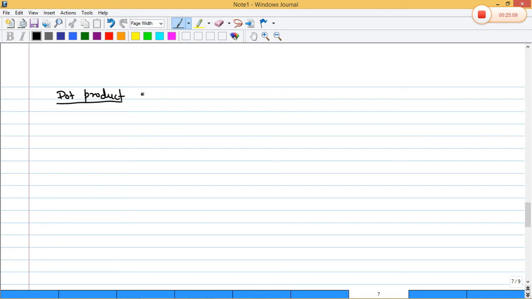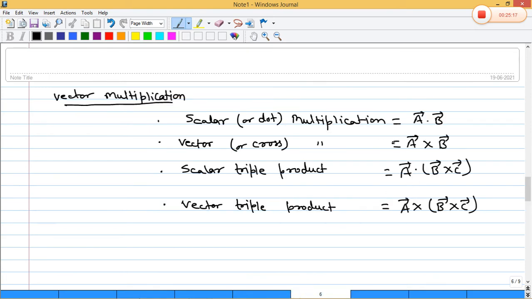So the dot product of two vectors A and B is written as A dot B. We have already discussed that the dot product, or scalar multiplication, is defined geometrically as the product of the magnitude of A and B and the cosine of the angle.